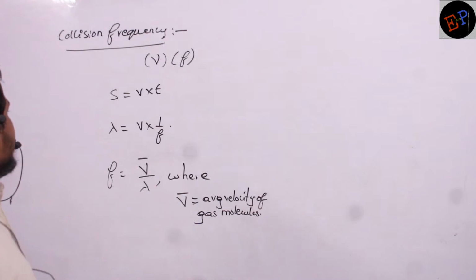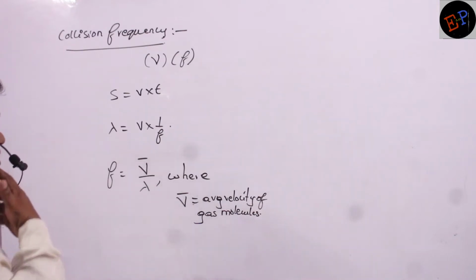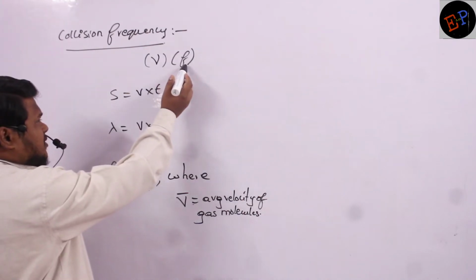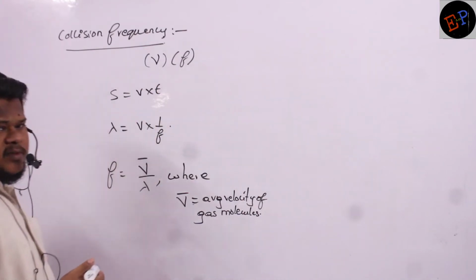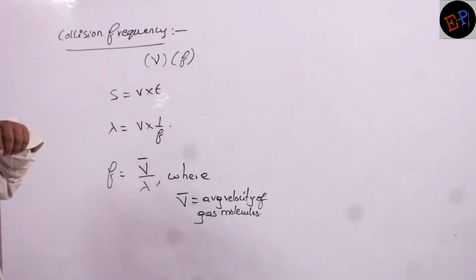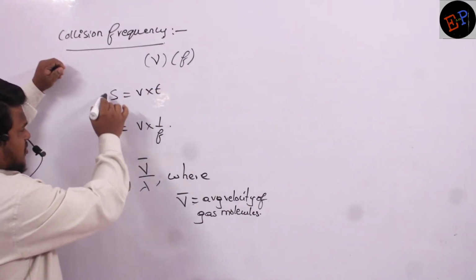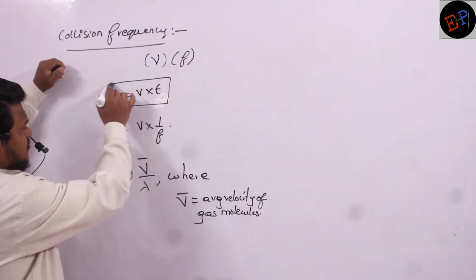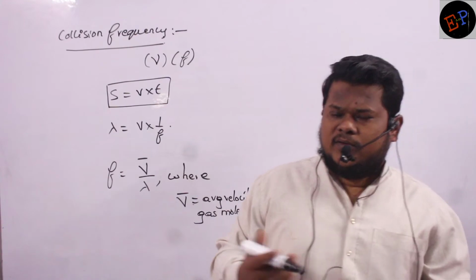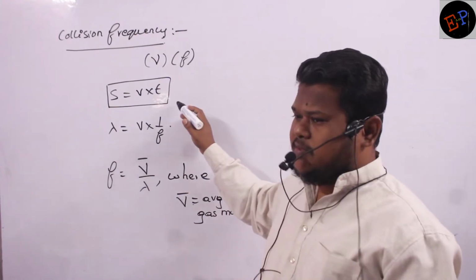See, the next concept is called collision frequency. Frequency I can write as f, or in the Greek letter you can represent it as nu. Now molecules are traveling with uniform velocity only. Motion of molecules is not accelerated; it is uniform motion. So what equation can you use?